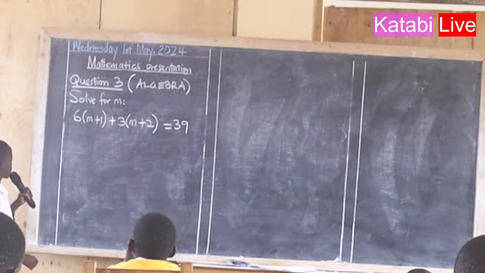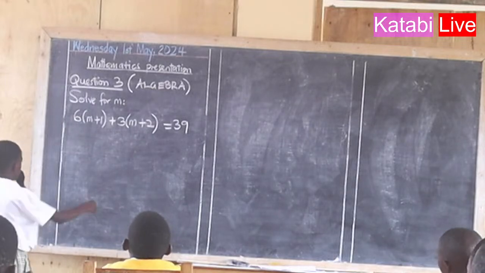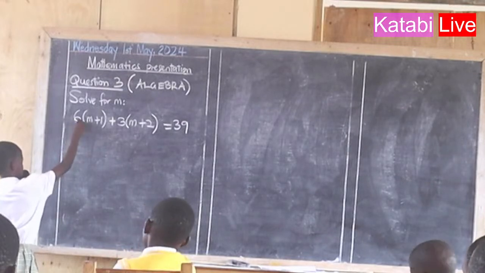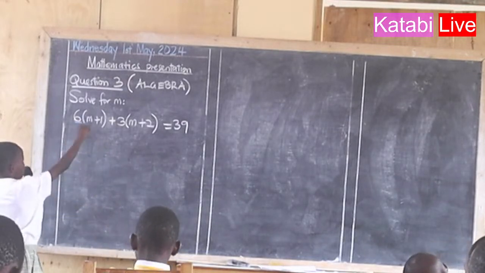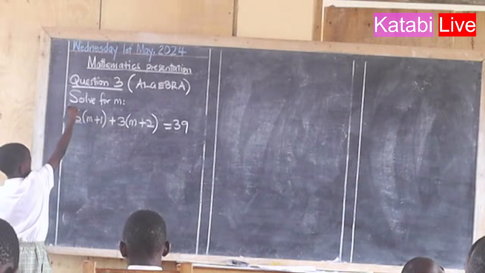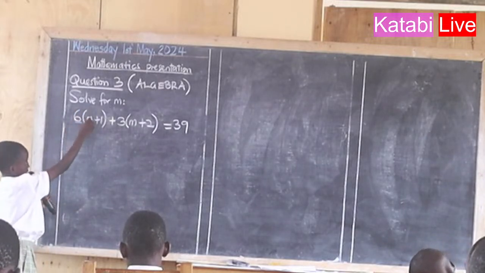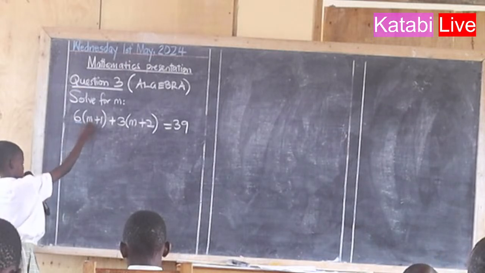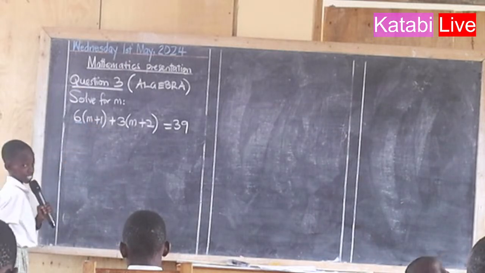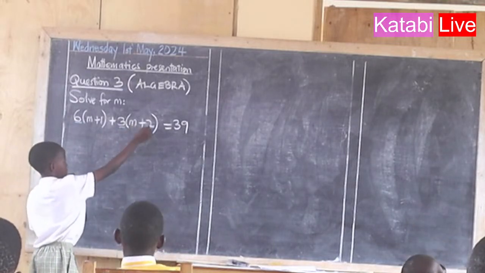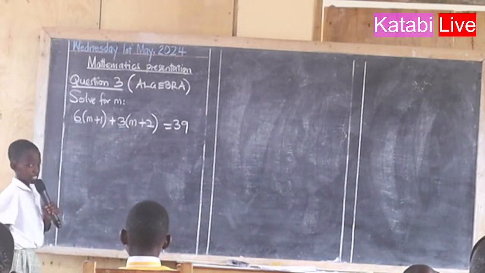We start by saying this number 6 will be multiplied by m and 1. Yes? And this 3 we multiply by m and 2. Yes?